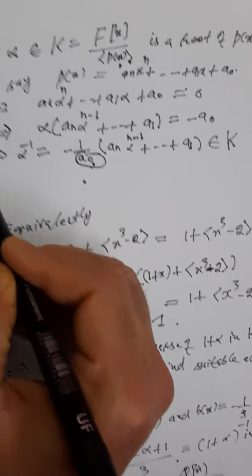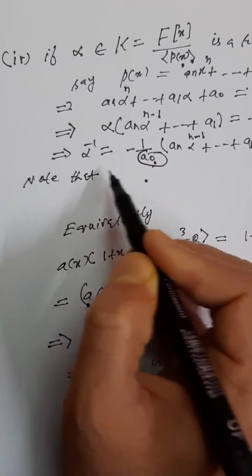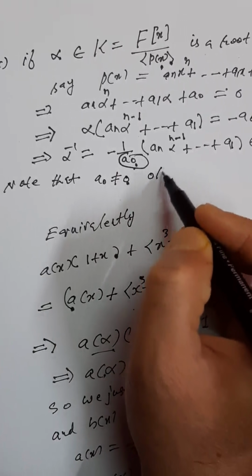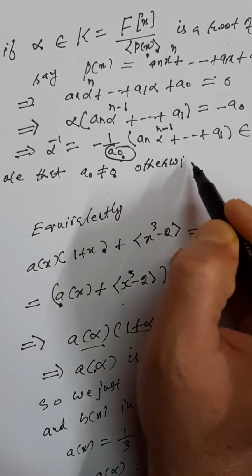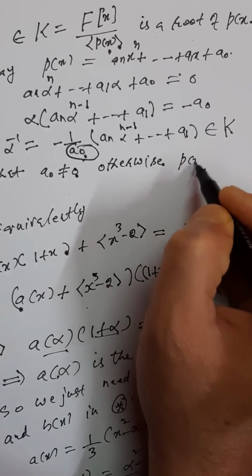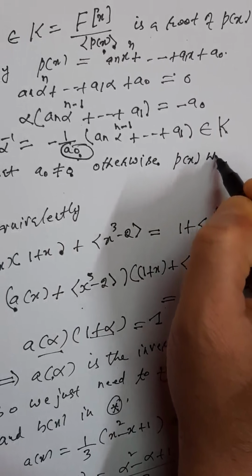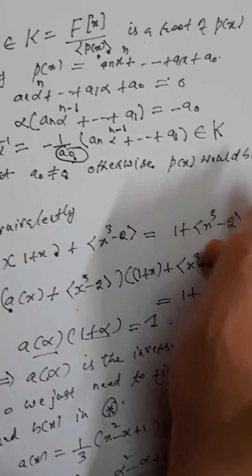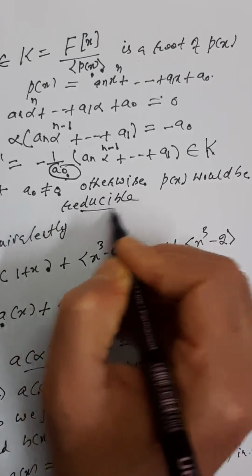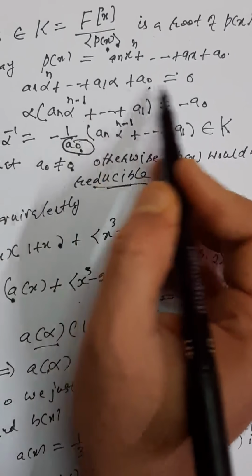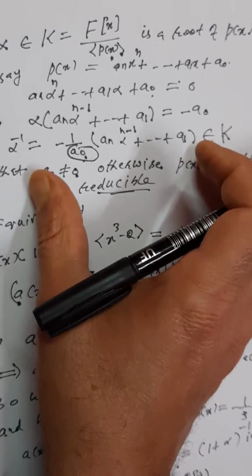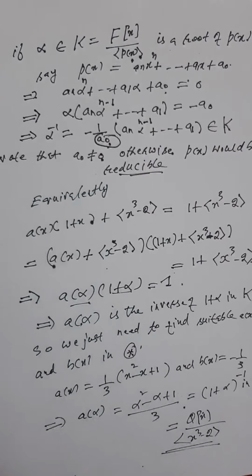So note that here a0 is non-zero, otherwise p(x) would be reducible. Because if there is no constant term, you can take x as a common factor, so the polynomial would factor, which would contradict the irreducibility of this polynomial p(x).